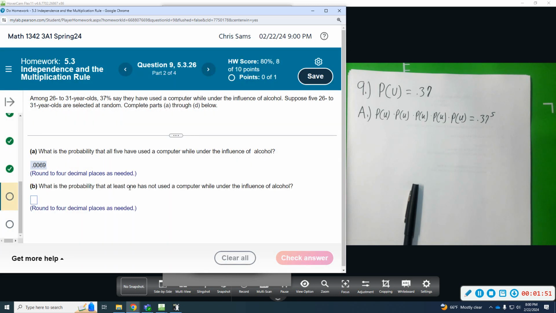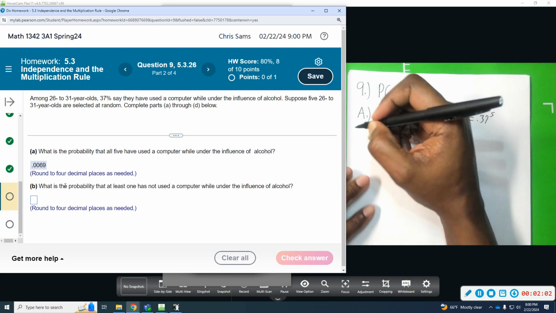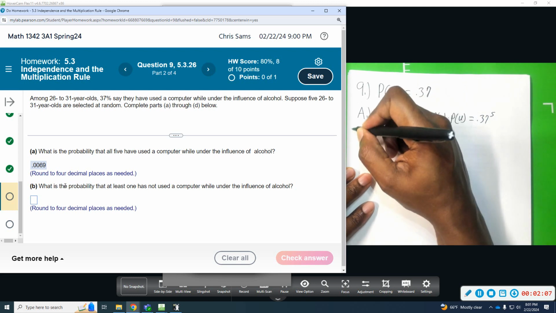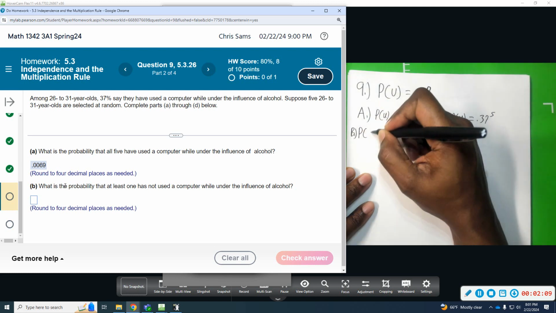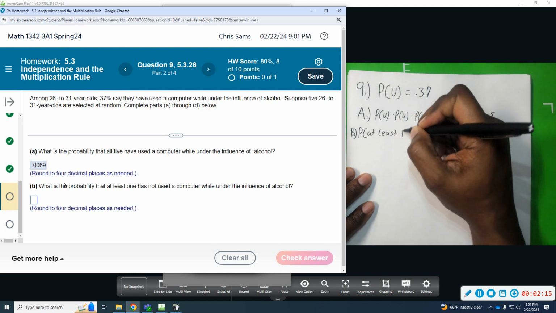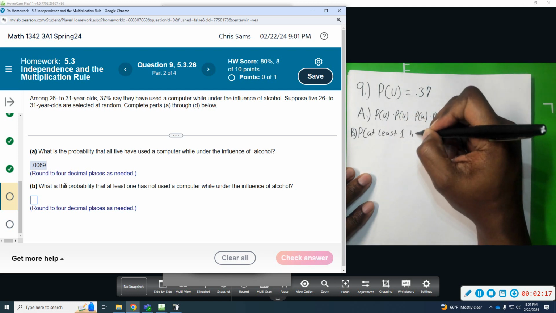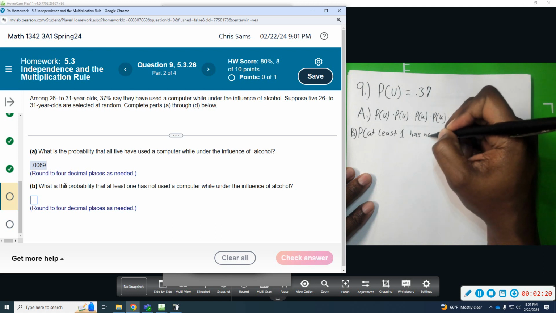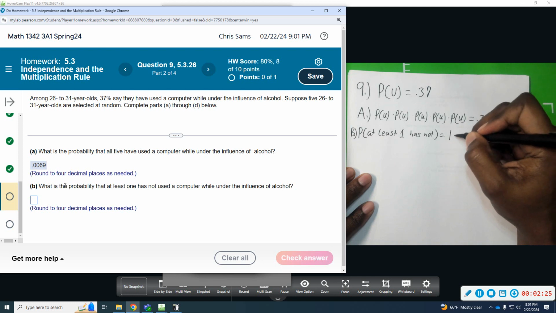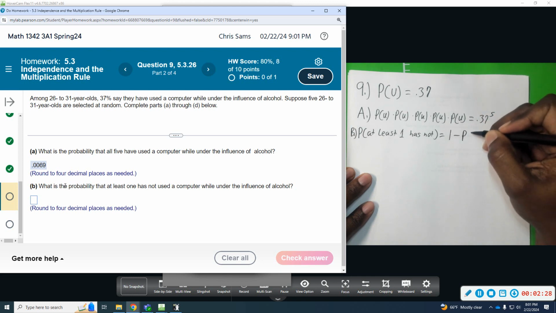All right, what is the probability that at least one has not used a computer while under the influence? So the probability that at least one has not, this is part B, will be equal to 1 minus the probability that all have.